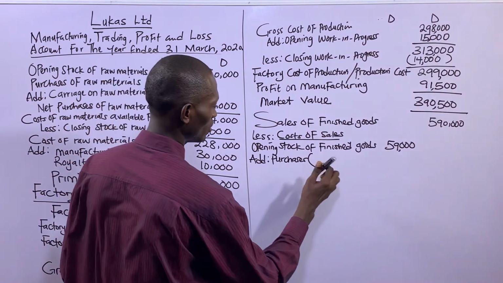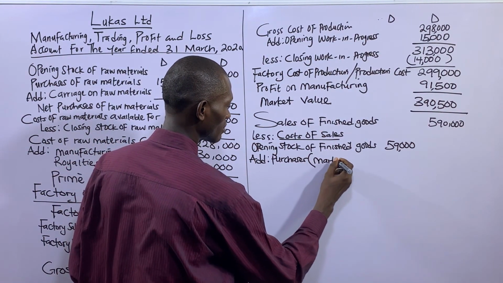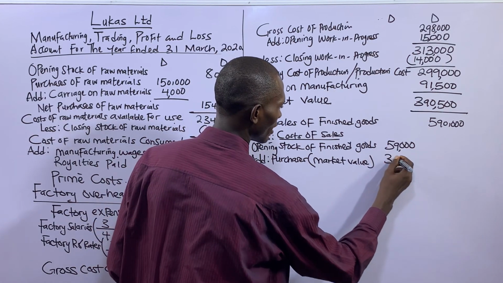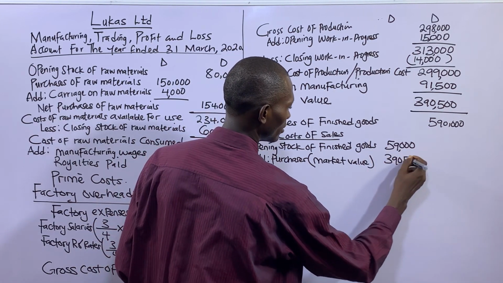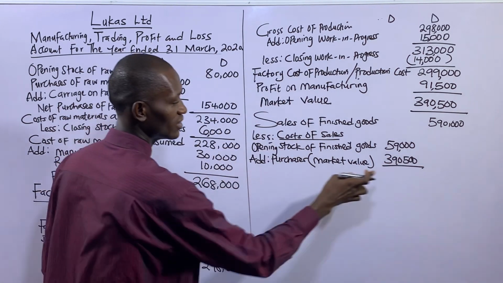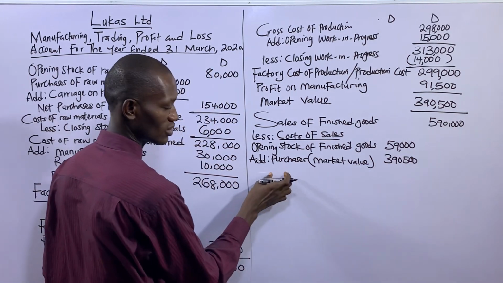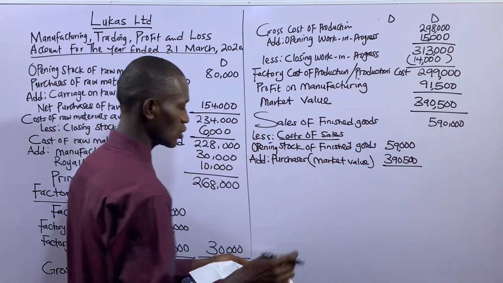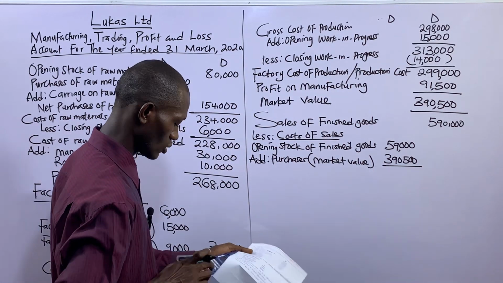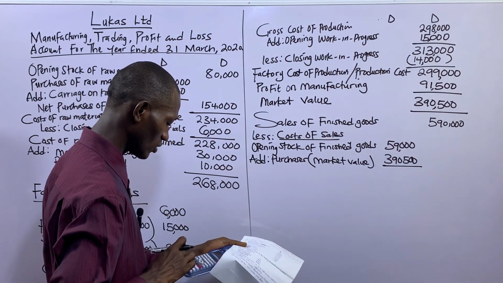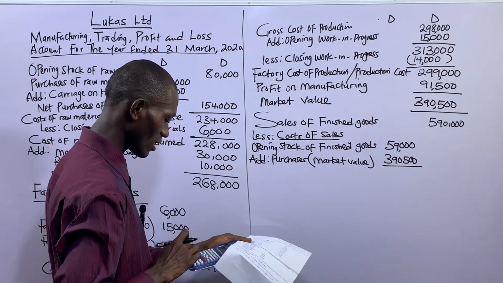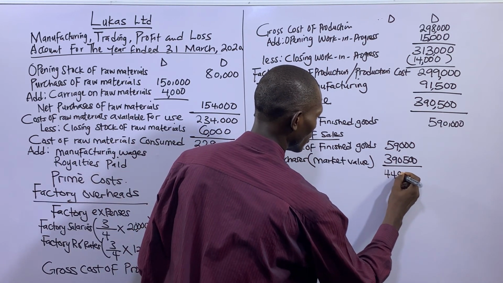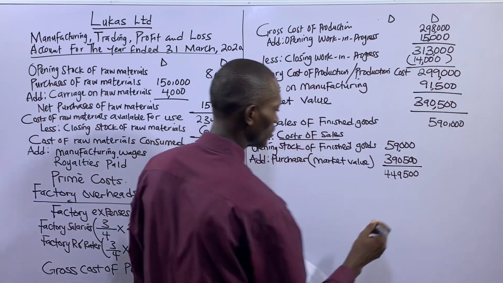So purchases, I just want to note it there. That's market value, 390,500. If you are given any additional finished goods purchase, you add it, but in this question we're not given. So that's 390,500 plus 59,000, which gives us 449,500.